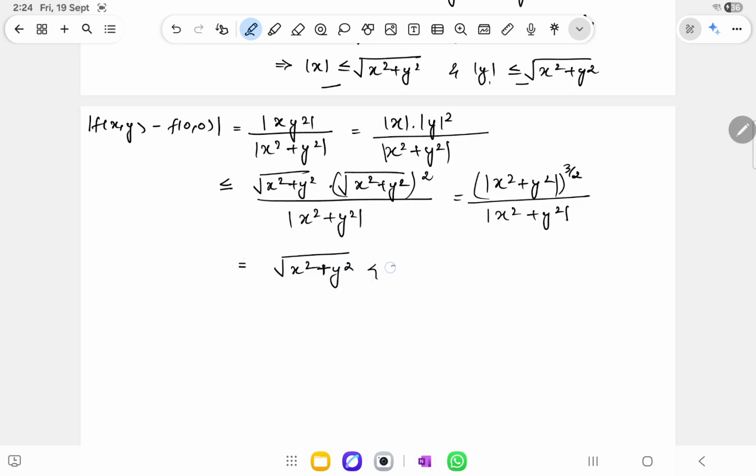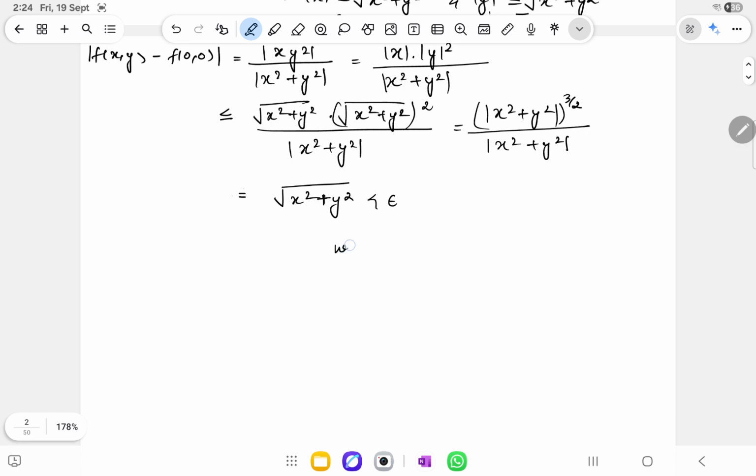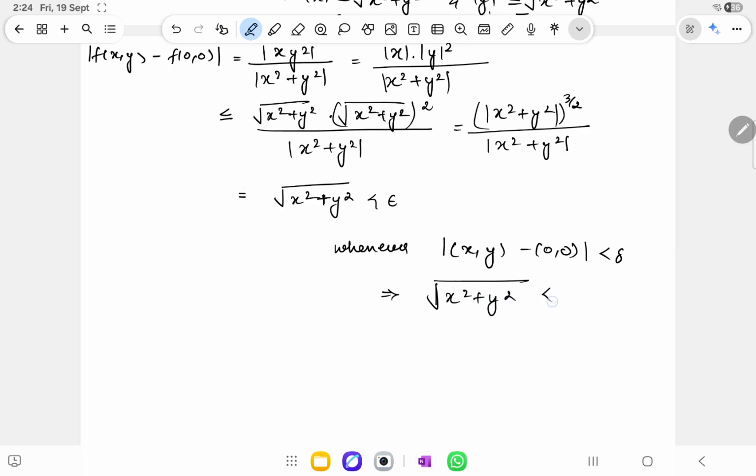And this must be less than epsilon whenever mod of (x, y) minus (0, 0) is less than delta. That is, if I use the distance formula, I get under root x square plus y square less than delta.